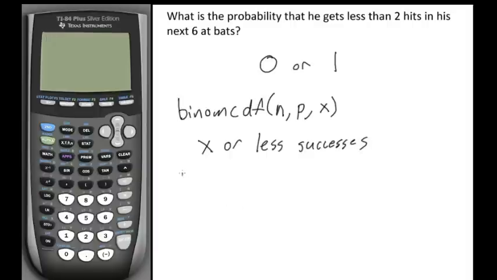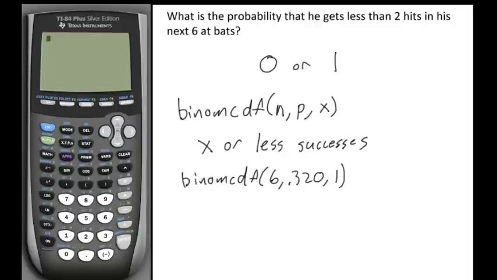So if we do Binomial CDF, where there are 6 trials, 6 at-bats, probability of success 0.320, Albert Pujols' batting average, and 1, what that's going to find is not just the probability that he gets 1 hit, but 1 or less, which would be 0 or 1.